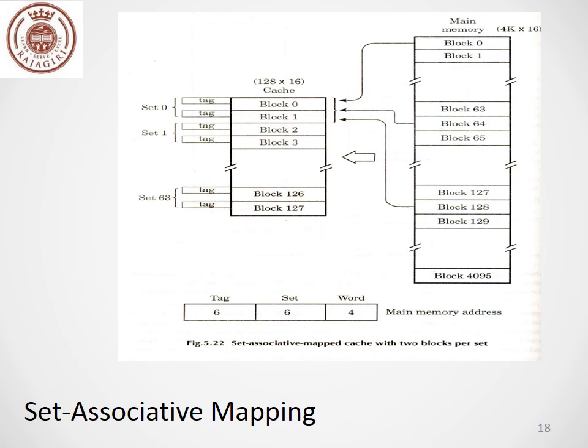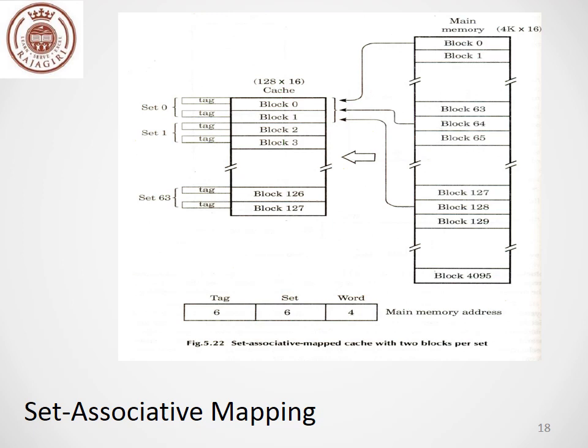Similarly, block 1, block 65, block 129, etc. will be mapped into set 1 of the cache. Inside set 0 itself, there will be two block spaces available. So suppose for example block 0 and block 64 want to come in at the same time into the cache, they can come in and occupy either block 0 or block 1 of set 0 of the cache.